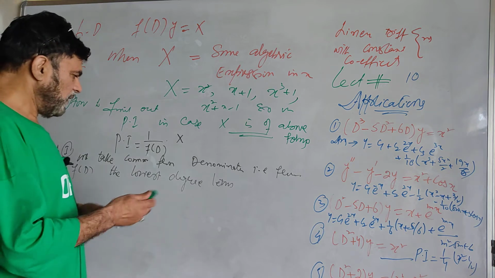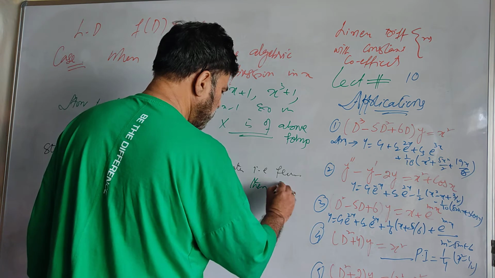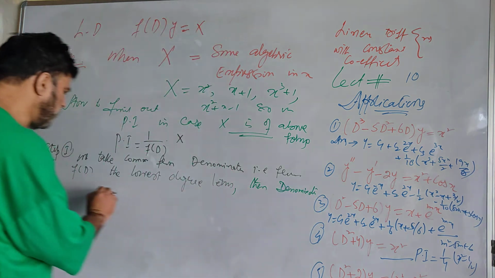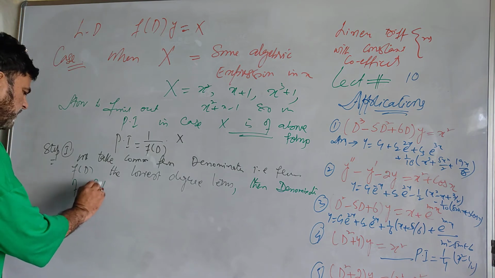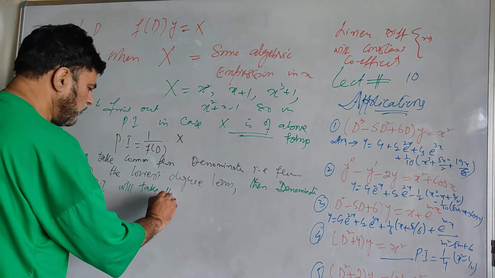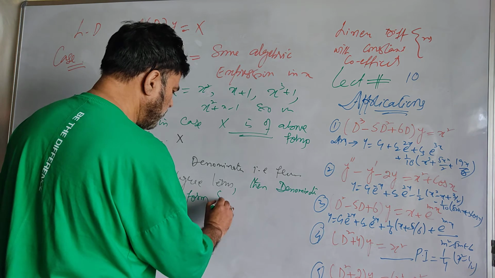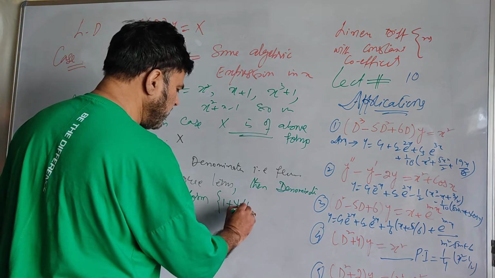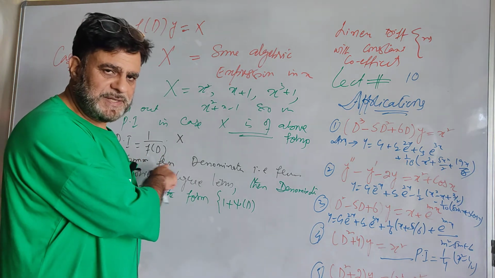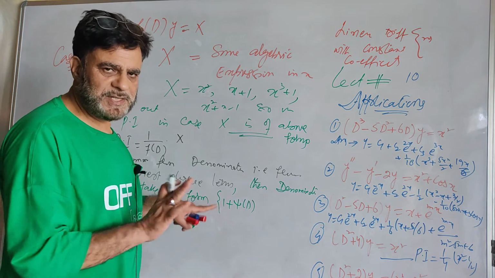Then the denominator of the particular integral will take the form 1 plus some function of D. It will now change, it will not remain f(D), it will remain some function of D. When you took the lowest degree term common, naturally you get 1.